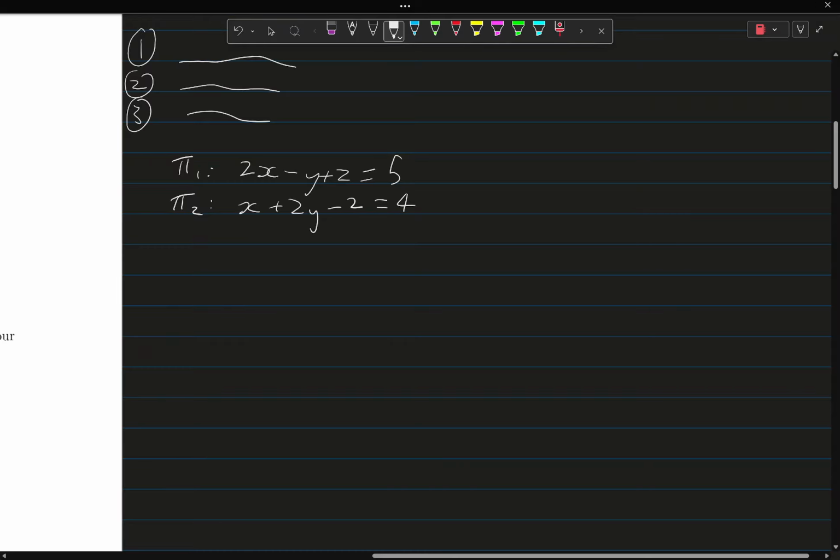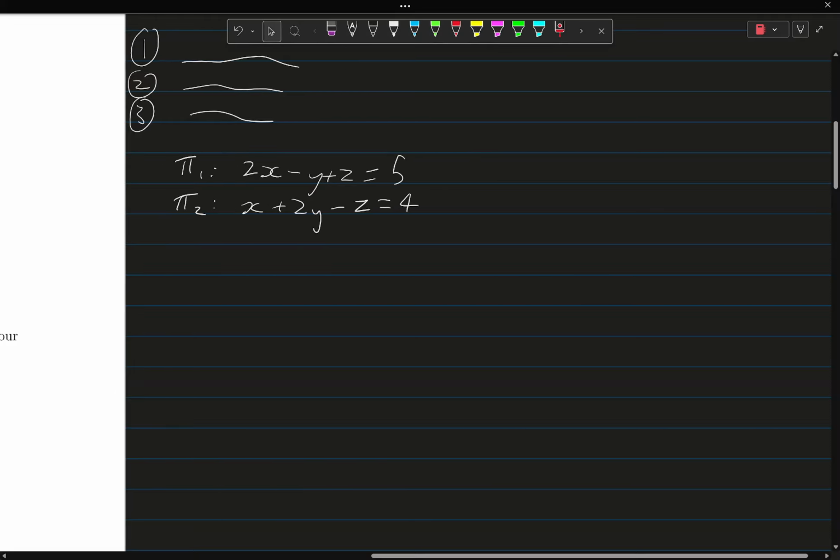We can either solve this using substitution and elimination, or we can do Gaussian elimination, which is just another way of representing the elimination method.